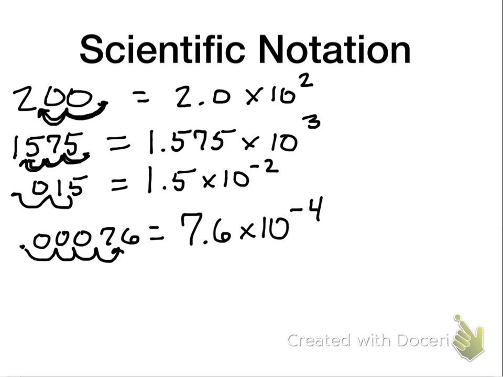And once again, the decimal went between 7 and 6 because if the decimal went after the 6, the number would have been 76, and that is too high. And if the decimal was in front of the 7, between the 0 and the 7, it would have been 0.7, and that is too low. That value is underneath 1. So that's how we put numbers into scientific notation. Let's learn how to take them out of scientific notation.